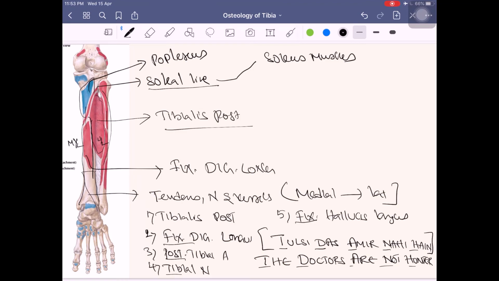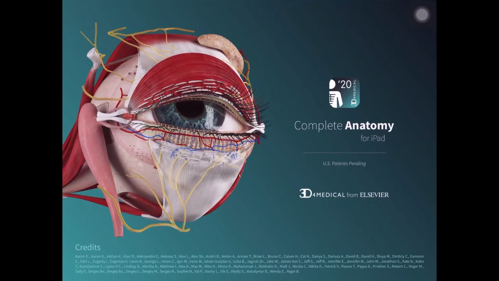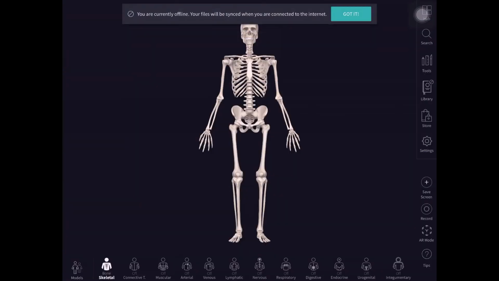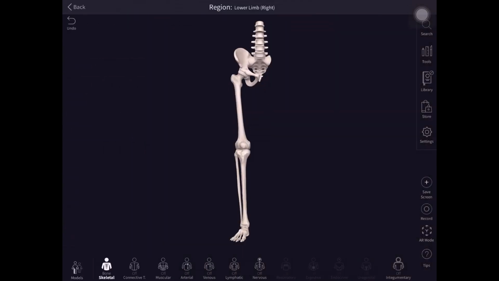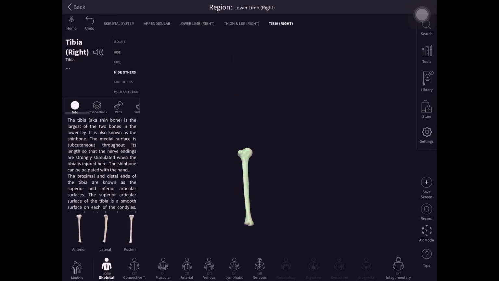So here we are trying to see now these structures. So we will see the soleal line. Above soleal line we will see popliteus. So behind we go, and let us see this.